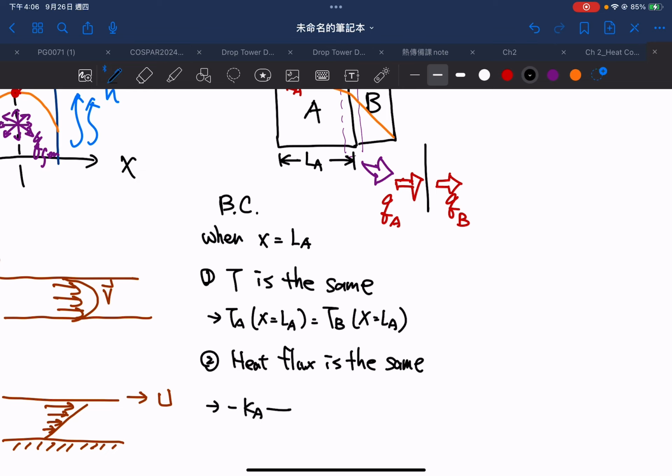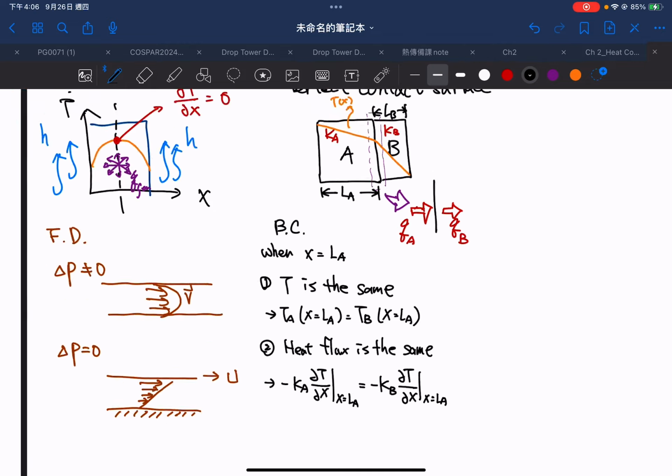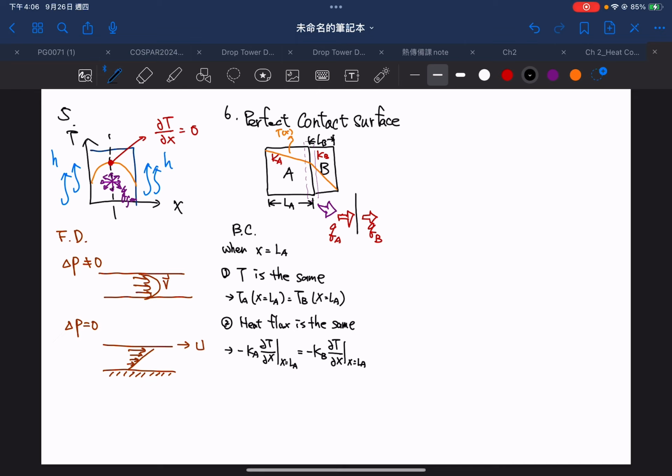Minus kA partial T partial x at x equals LA equals minus kB partial T partial x at x equals LA. Okay, so this will be our boundary condition for the perfect contact surface.